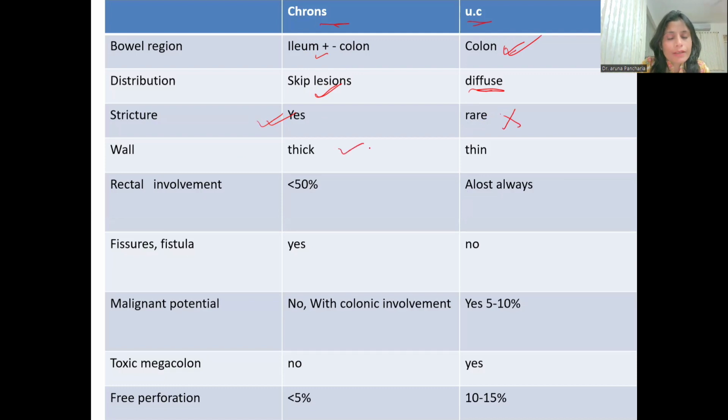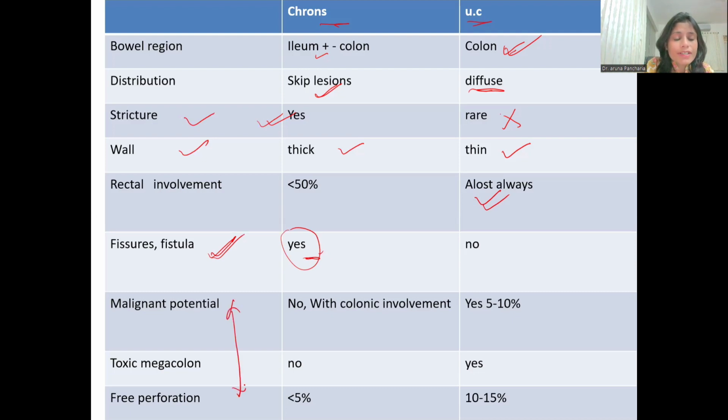The wall becomes thick here, and here the wall is thin or normal. Rectal involvement is almost always there in ulcerative colitis. Fissures and fistulas are common in Crohn's disease because it is transmural. So the answer to all of these is hidden in transmural involvement: fissure, fistula, wall thickness and strictures.